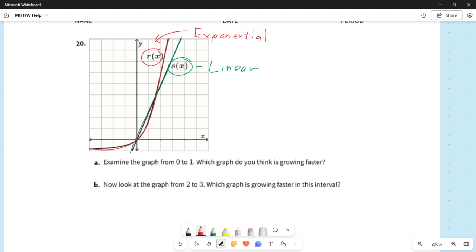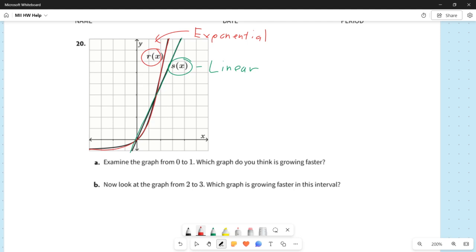And again, if you did not take the new Math 1 curriculum, chances are you may be unfamiliar with exponential functions, which is fine. But if you take a look at the graph here, we actually don't necessarily need to know much about exponential functions in order to answer these questions.